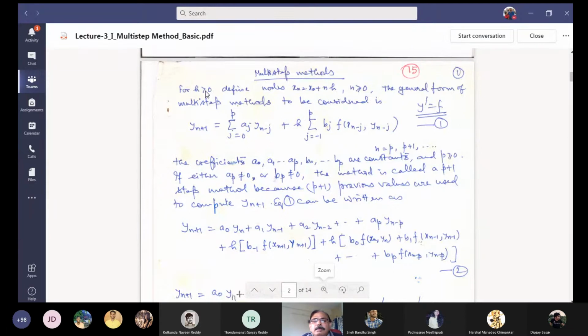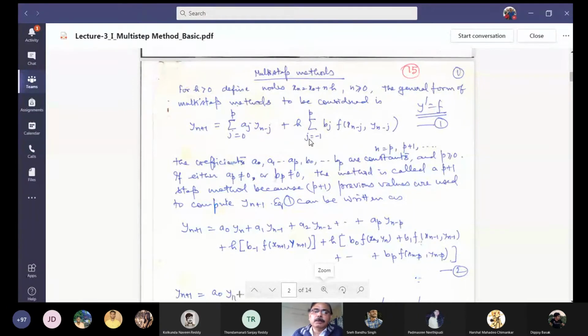Now, with this, suppose we have the general multi-step method, which is written in this form: y n plus 1 equals summation j running from 0 to p, a j y n minus j, plus h times, this is the slope part, summation j running from minus 1 to p. Keep this in mind.